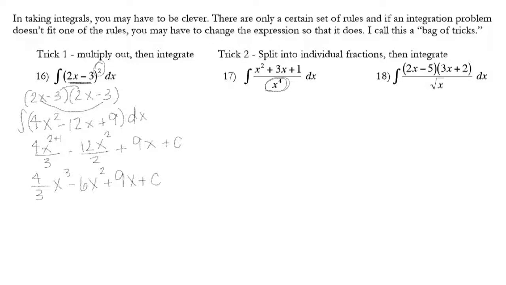But like it is, we can say, well, this is really x squared over x to the 4th plus 3x over x to the 4th plus 1 over x to the 4th. And you can look at all of this and integrate it this way.